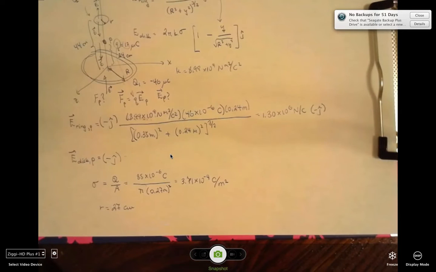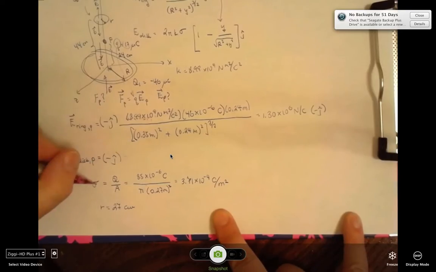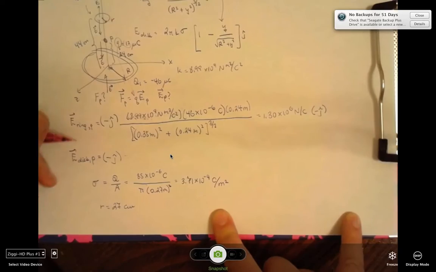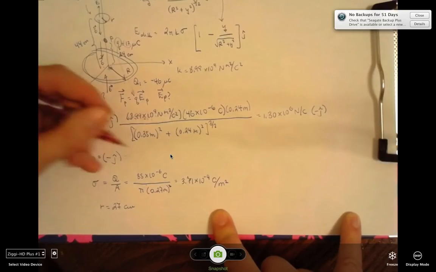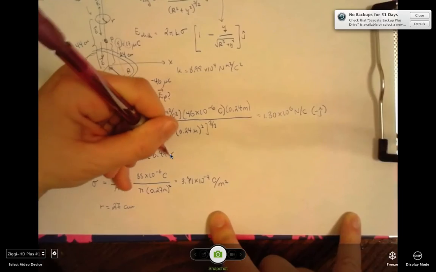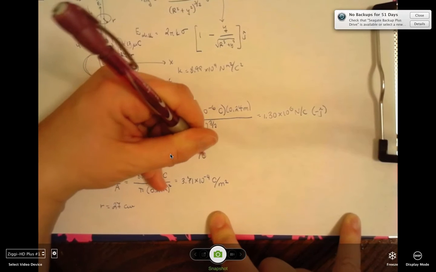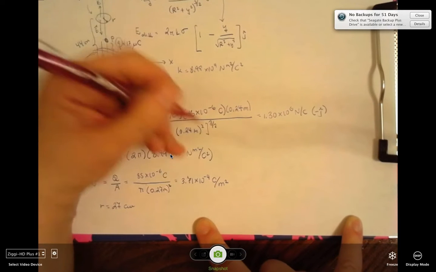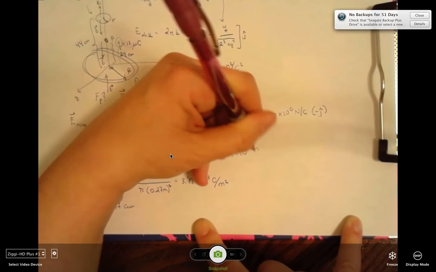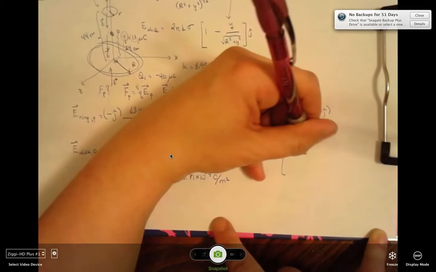All right, so now we can put that into the one above it. These equations you should have written down, the sigma, the rho, and the linear charge density lambda. So that's going to give us 2 pi times 8.99 times 10 to the 9th newton meters squared per coulomb squared, times sigma, 3.71 times 10 to the minus 4 coulombs per meter squared, times 1 minus y.